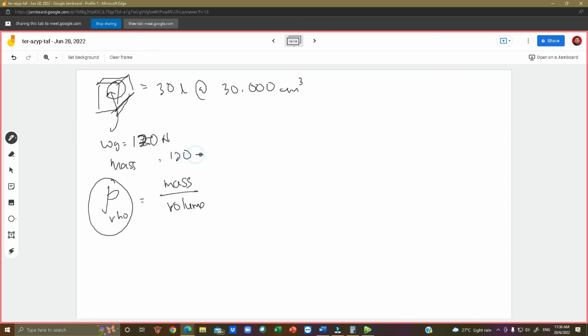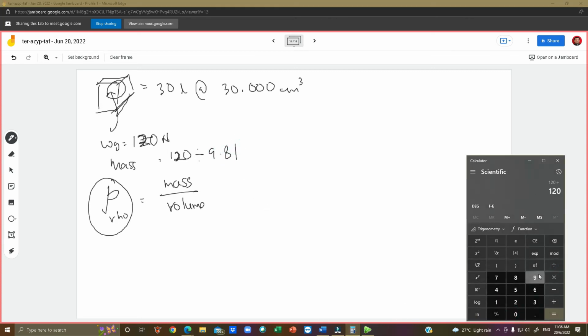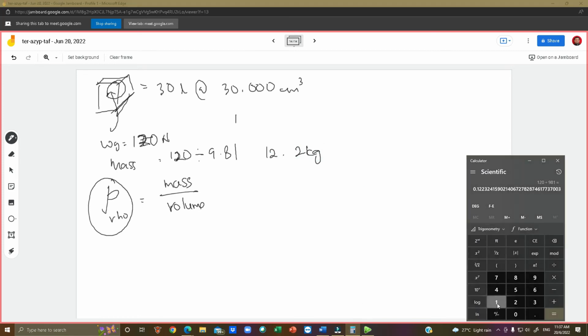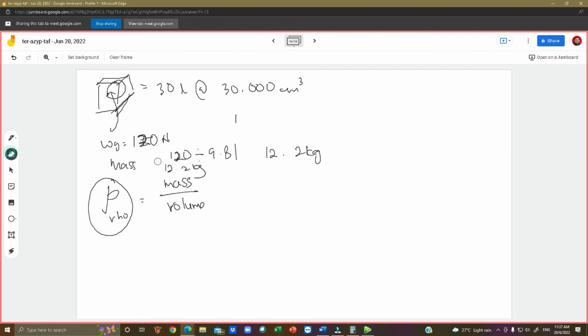So it will be 120 divided by 9.81, which gives 0.122, ataupun it will be 12.2 kg. This is the mass, 12.2 kg.